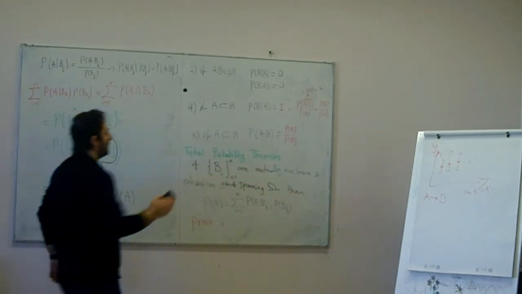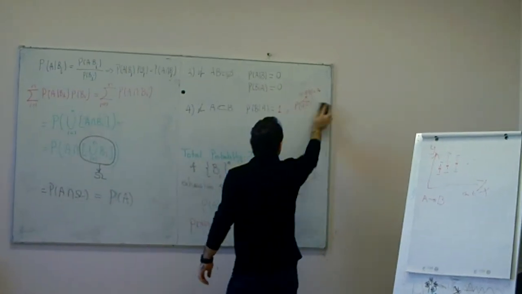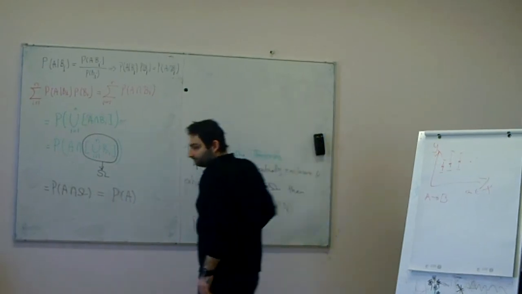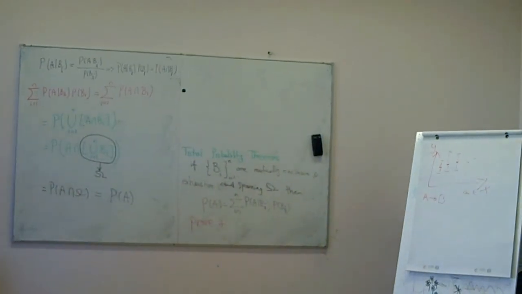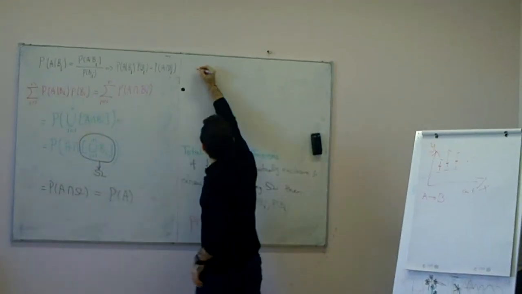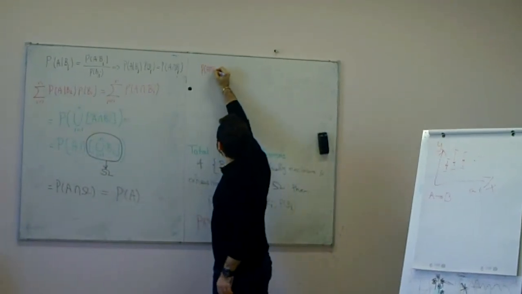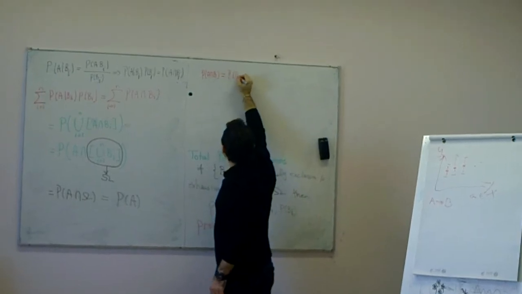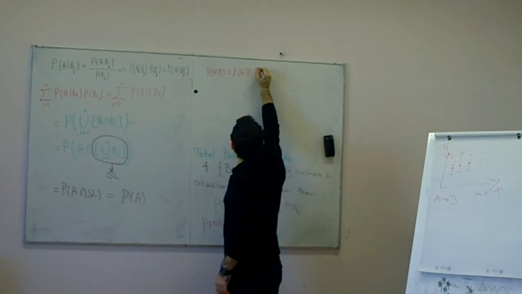Do you remember what was the Bayes rule? P(A intersected with B) is P(A given B) multiplied by P(B).